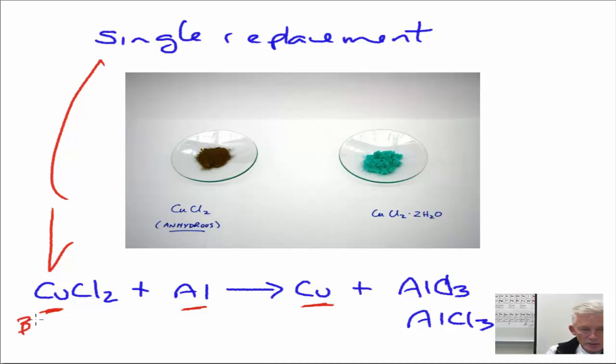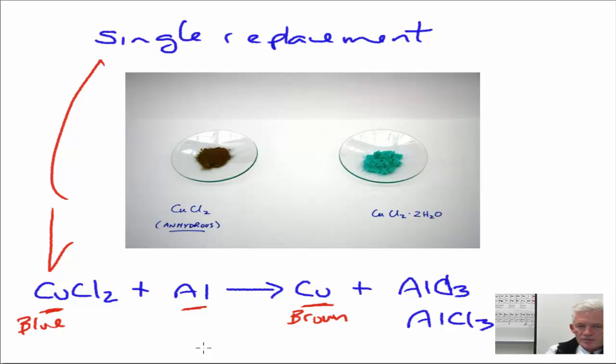So this would be blue. And you're adding it to shiny metallic aluminum foil, and those properties of aluminum are going to disappear because you end up with a salt, aluminum chloride, which is colorless. You won't even see it in the solution. And again, now you're going to end up with copper, which we'll say is bronze or brown.